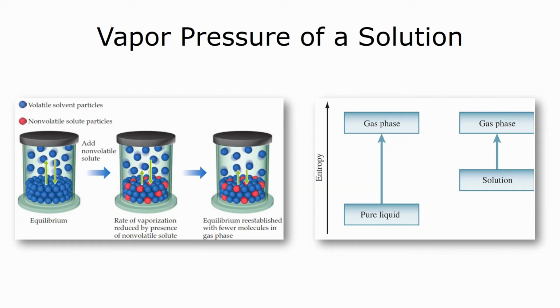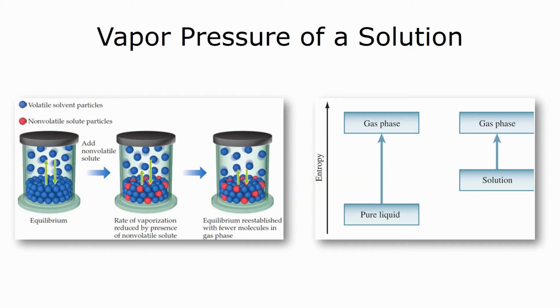When you have a pure liquid, there is this extreme drive to go into the gas phase. So you have a lot of liquid particles escaping into the gas phase. However, if you have a solution, entropically speaking, your solution is already a little bit more disordered than your pure liquid.